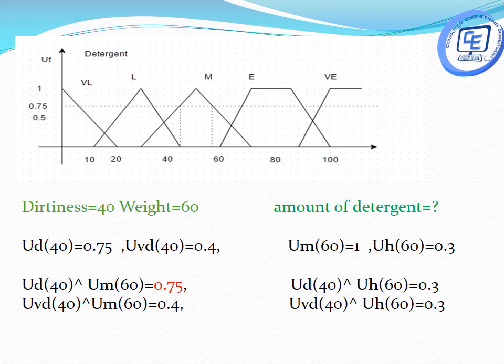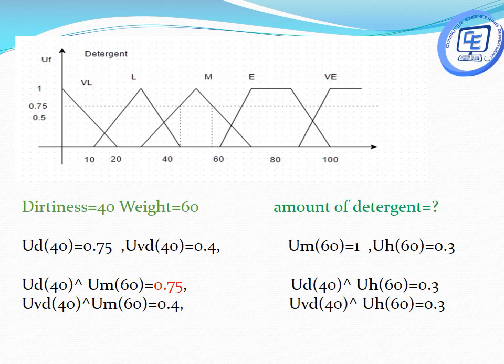Now dirtiness is given as 40, so we have to go back to the graph of the dirtiness and check for the element 40. This element 40 is lying on two parameters of dirtiness. If we observe clearly, the dirtiness 40 is lying on D, that is dirty, and VD, that is very dirty. Now we have to check the membership function value also. The membership function value for D where 40 is intersecting is 0.75 and the membership function of VD where 40 is intersecting is 0.4.